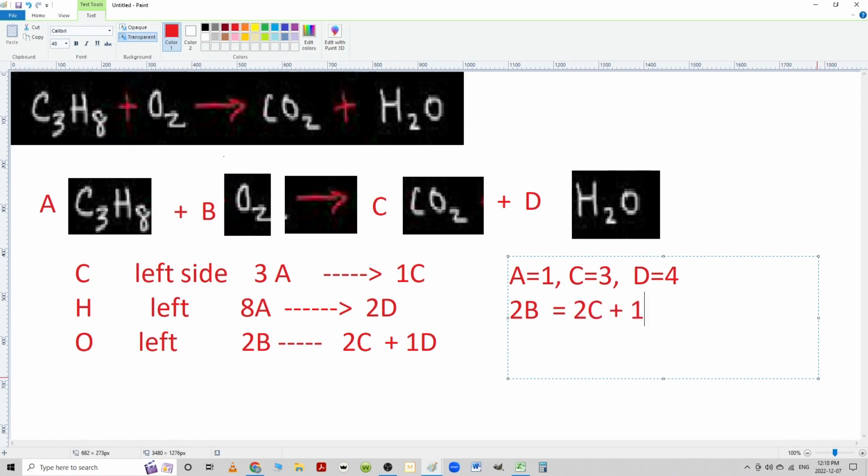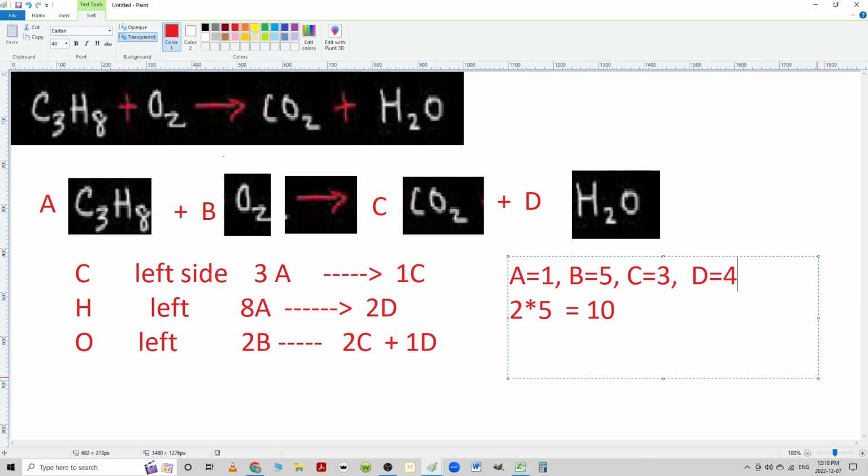We've figured out D is 4, so 4 times 1, and C is 3, so 3 times 2 is 6. 1 times 4 is 4. The total there is 10. What number can I make B so that 2 times B is equal to 10? Well, B must be 5. 2 times 5 is equal to that. So my last one here is B is equal to 5.